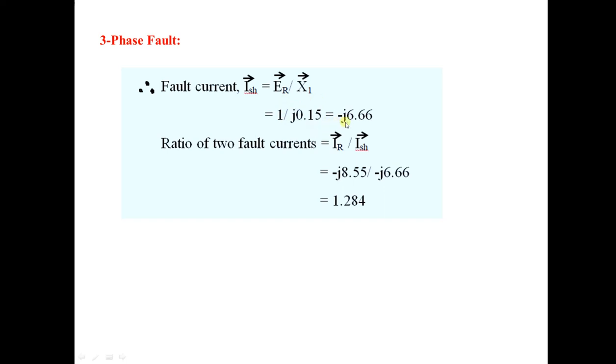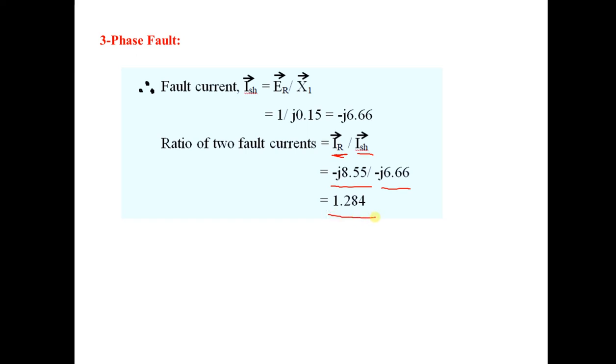My answer is minus J 6.66. We have to find the ratio of the two currents, IR and I shunt. IR from the previous slide is minus J 8.55 and I shunt is minus J 6.66, so the obtained value is 1.284.